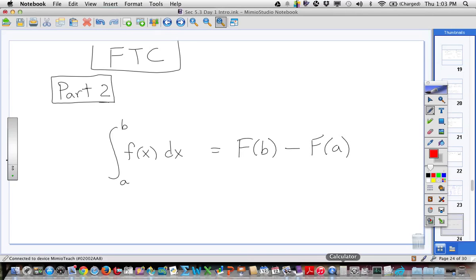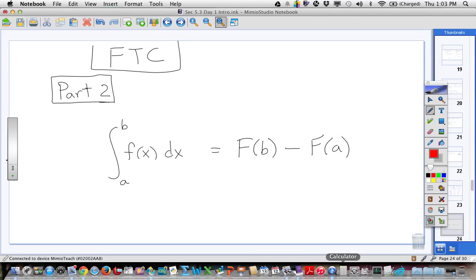It's not very useful. This part is the one we were looking for, right? This is why we started all this stuff, because we wanted to be able to find an area from A to B, right? And so this is the most useful part by far. Without part one, though, we couldn't have got part two. Okay, so some books call this part one because it's so useful and it's the one we work with the most.